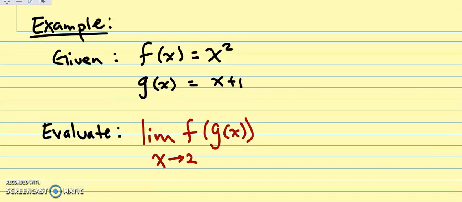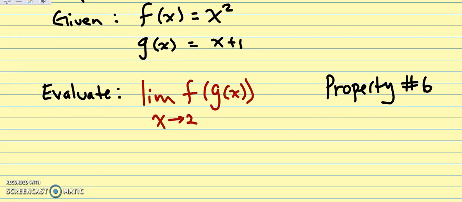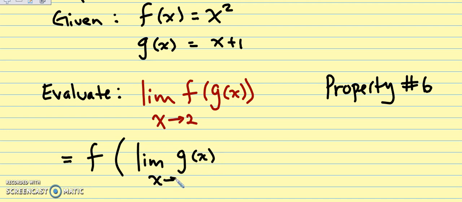Here's another example. Go ahead and copy this one down. If we're given that f of x is equal to x squared and g of x is equal to x plus 1, and they want you to evaluate the limit of f of g of x as x approaches 2, well, what property does this look like? This is just property number 6. So all we have to do here is, this is now f of the limit of g of x as x approaches 2.